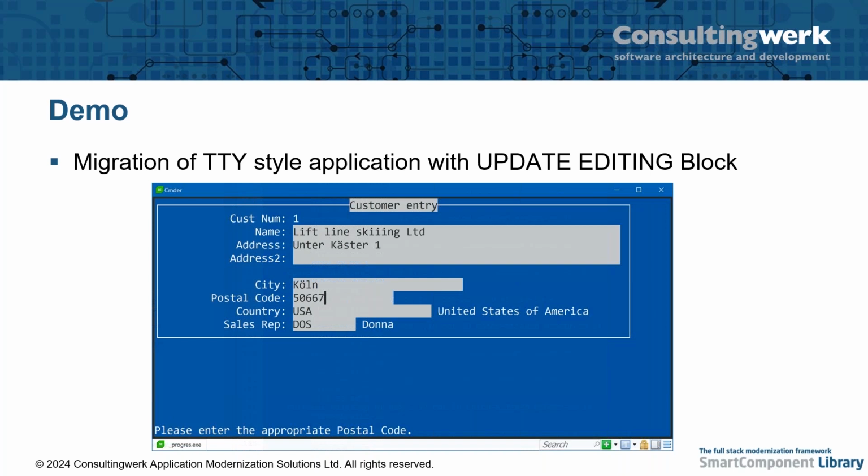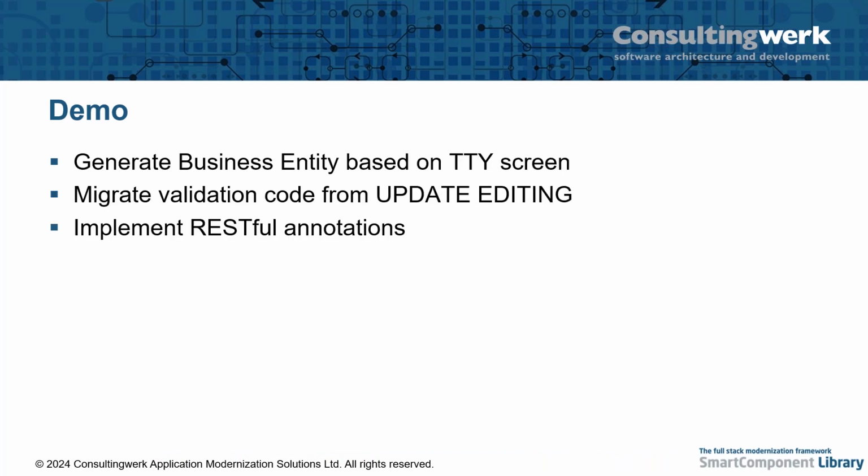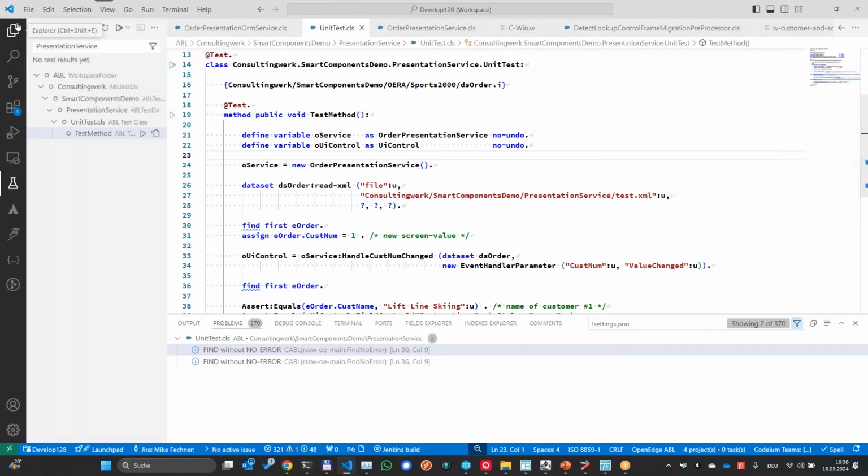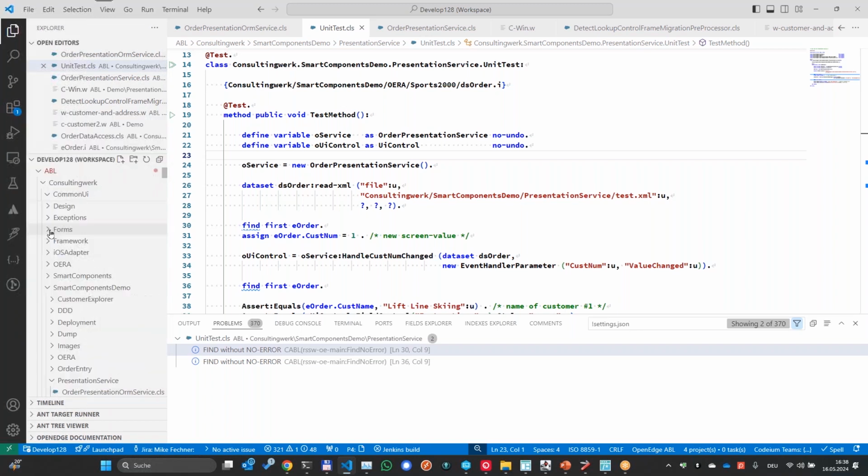And then based on which field the focus, the cursor, is in, we know whether it's a value change or leave of a certain field. And in TTY applications, a lot of validation code is in these update editing statements. So let's look at that. I'm opening one of the samples.